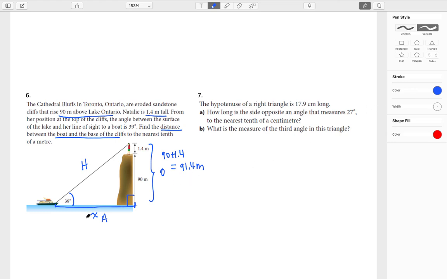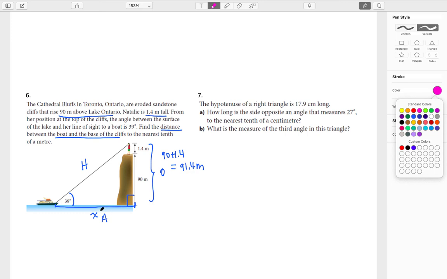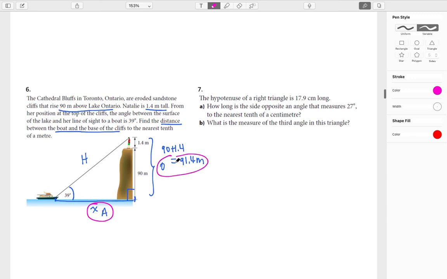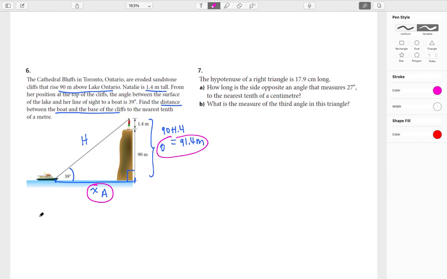So in order to look for x, we have to use SOH CAH TOA because we're using an angle and we're only given one length. So we're looking for adjacent and it looks like we're given opposite. So using SOH CAH TOA, which formula contains A and O?